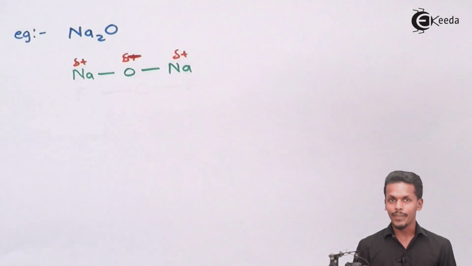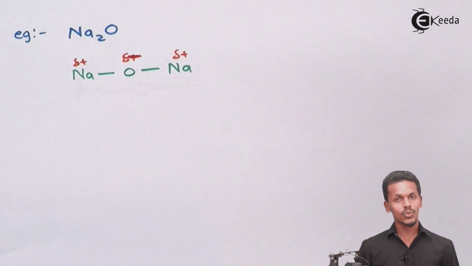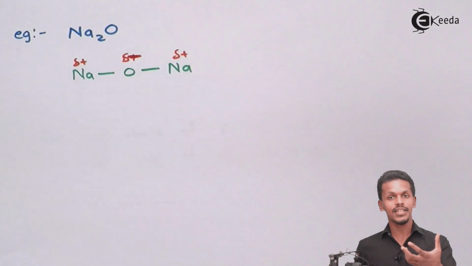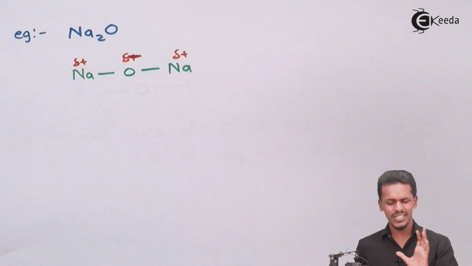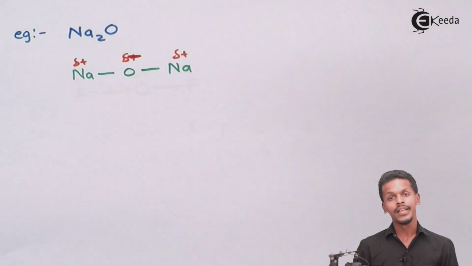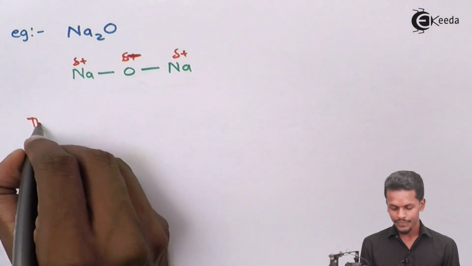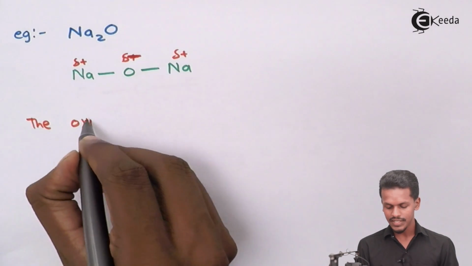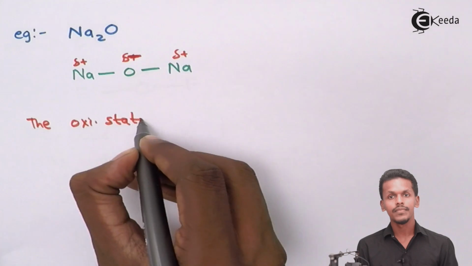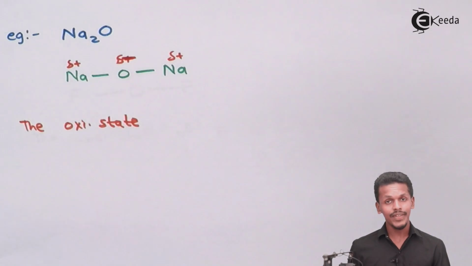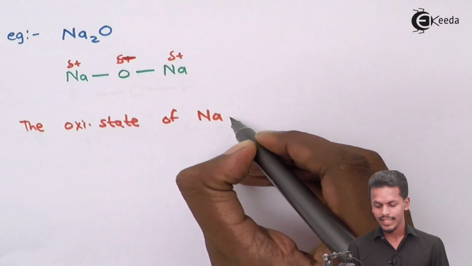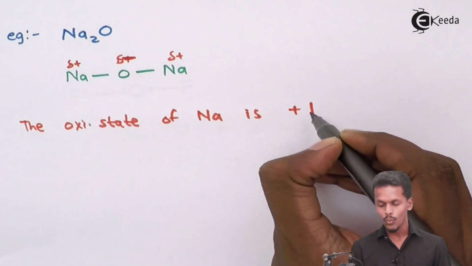So now what will happen? The oxidation state of sodium in this case, because it has been donating its electron mostly towards the oxygen when combined in a molecular form, is +1.